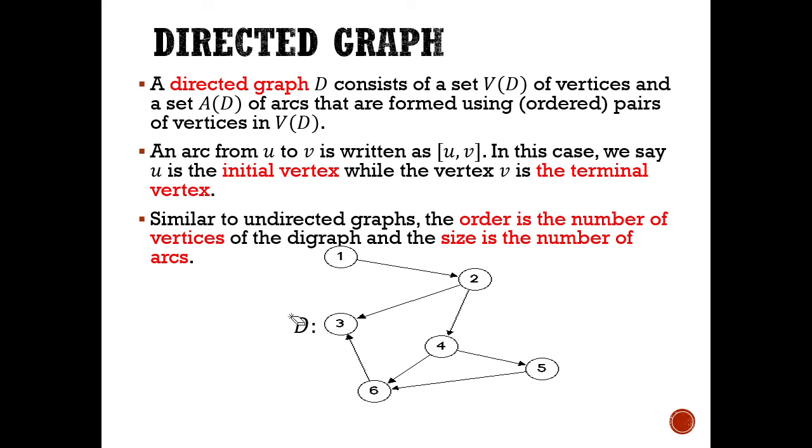So let's take a look at this directed graph. Notice that there are 1, 2, 3, 4, 5, 6 vertices. So the order is 6. And we have 1, 2, 3, 4, 5, 6, 7 arcs. So notice that here, one can travel from 1 to 2, but cannot go from 2 to 1, as the relation is just one way.